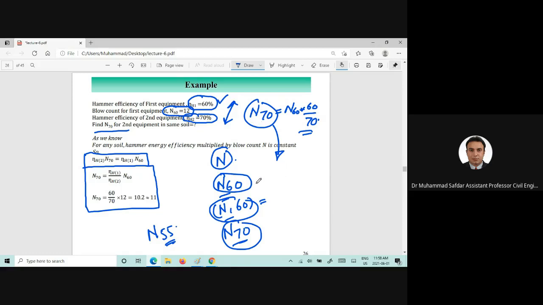Okay, now in this case you can take that value as 10.2, equal to 10. Okay, instead of 11 you can take 10.